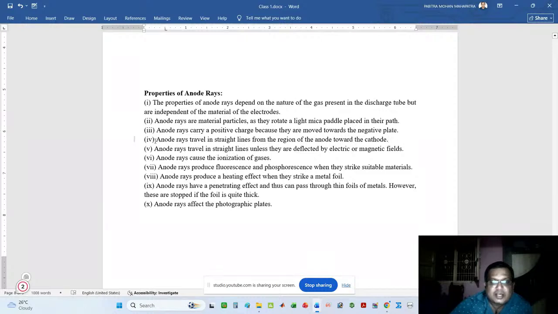Similarly, anode ray travels in a straight line from the region of anode towards cathode. But listen, here I have written from the region of anode. Here I cannot write from the anode to cathode. From the region of anode means from the surrounding of the anode. You cannot say that the anode ray comes from the anode electrode, because the anode ray is formed from the gas.